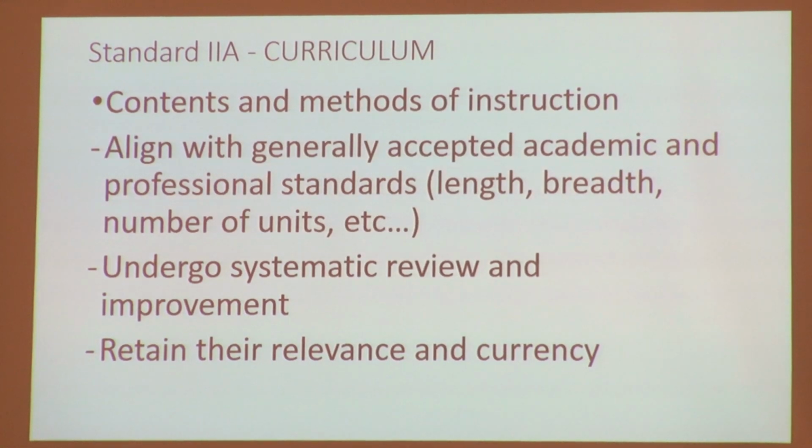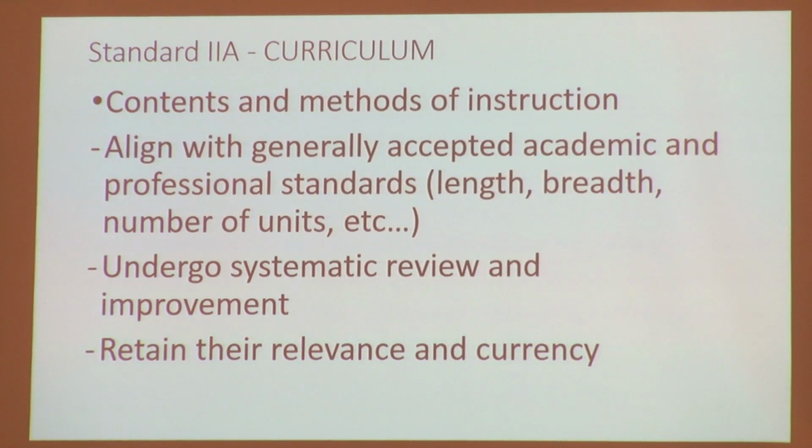The second main trait in Standard 2A pertains to contents and methods of instruction. They wanted us to justify whether or not our programs aligned with generally accepted academic and professional standards.